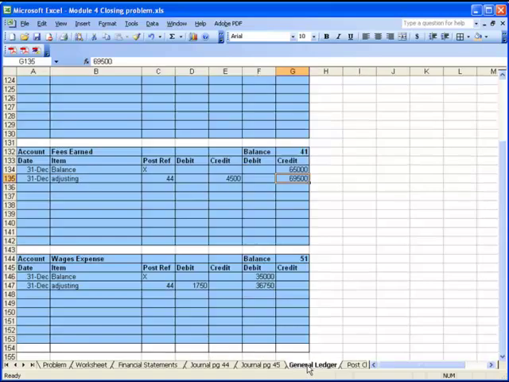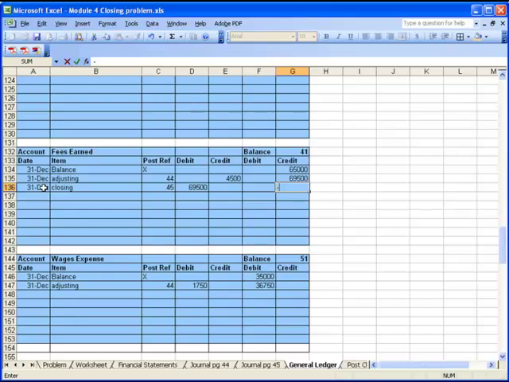In our general ledger, we need to enter a debit in our fees earned. This is December 31st. This is a closing entry, and it came from page 45 of our journal, and we're going to debit $69,500. That makes our new balance zero.